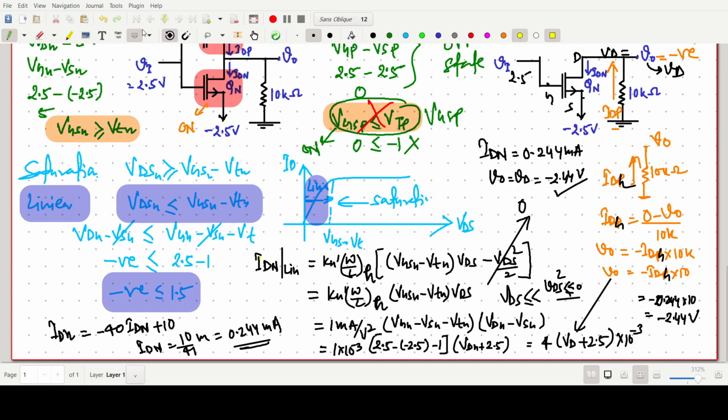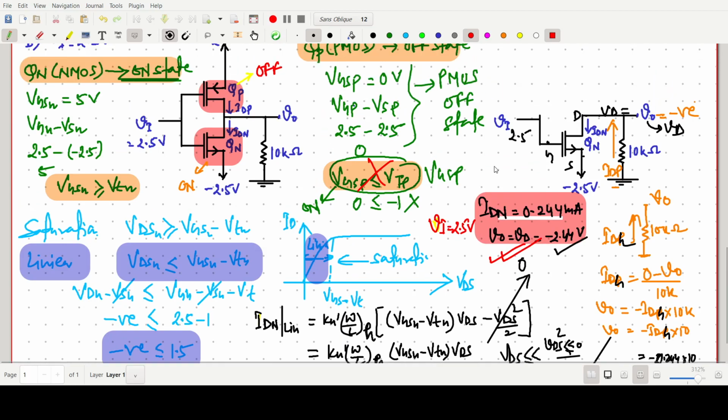This one is for Vi equals to 2.5 volt. This one is just a calculation, but some concept is also there. So here the NMOS is on, but it is operating in the linear region. So this is the condition for Vi equals 2.5 volt.